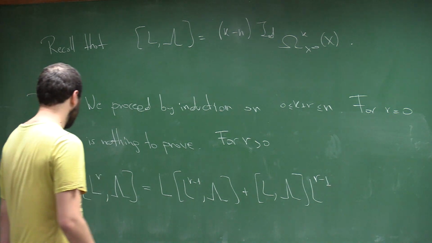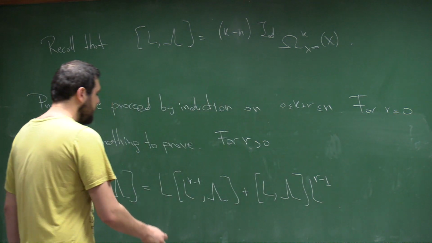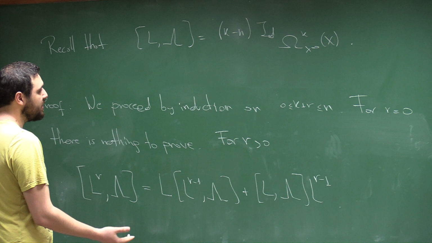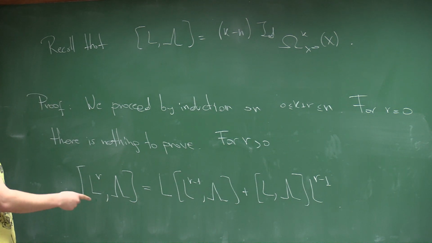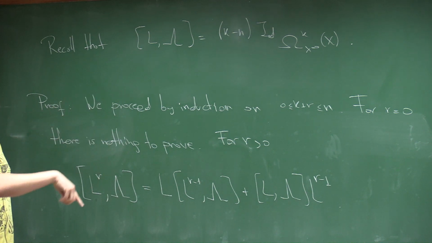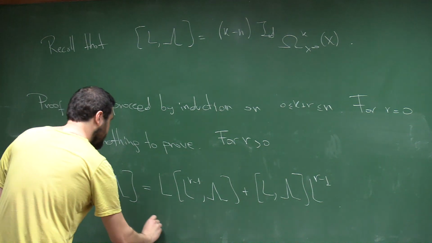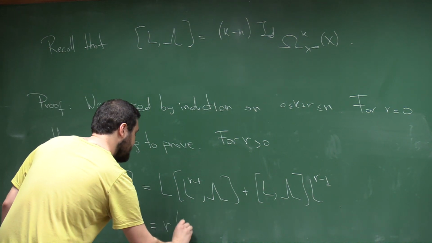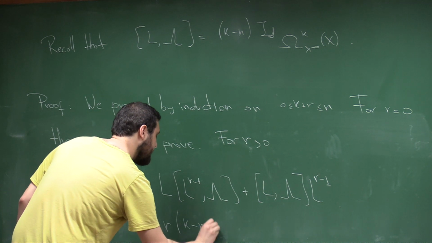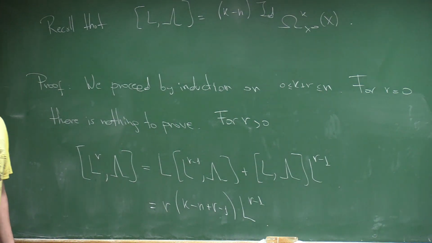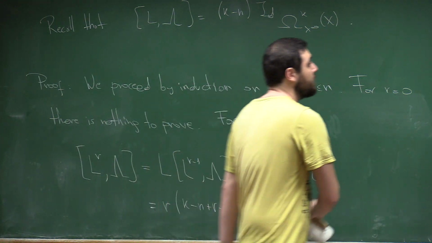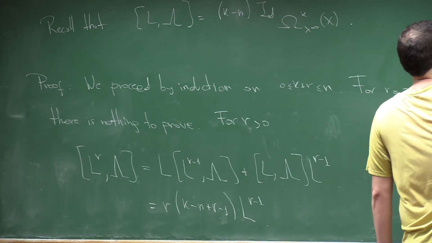Yeah. Right, so now using this identity, we can compute, in fact, the commutator of L^r with lambda, inductively. So what you will get is just that this is r times (k minus n plus r minus 1) L^{r-1}. Okay, this is super simple. Okay.